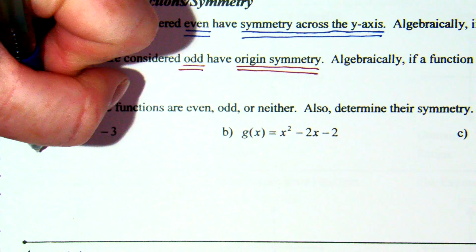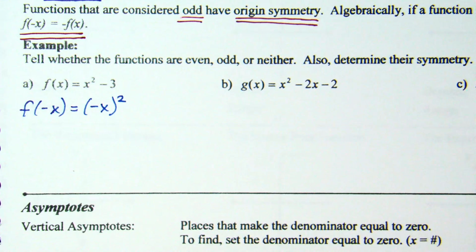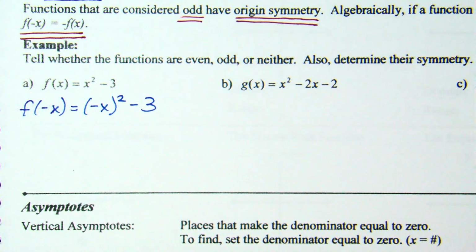So f of negative x says I take f of x, and every place I see an x, I'm going to replace it with negative x. It's currently x squared, so instead of x squared, I'm going to do negative x to the second. I'm putting negative x in for x, so I'm using parentheses, minus 3.